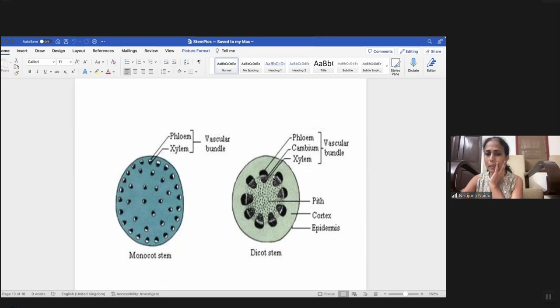You can see there are bundles, vascular bundles, which is a combination of the xylem, cambium, and phloem, arranged in a circular manner. Phloem towards the outside, xylem towards the inside, and cambium in the middle.